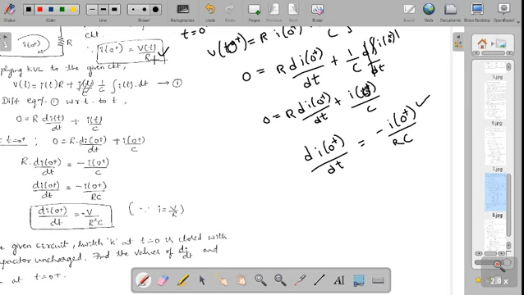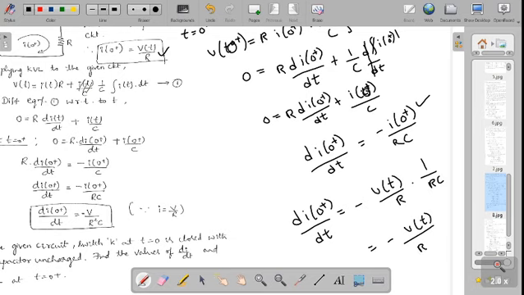You substitute it over here, so di of 0 plus divided by dt equals the current, V of t divided by R, into minus 1 by RC. That would be minus V of t divided by R square into C.